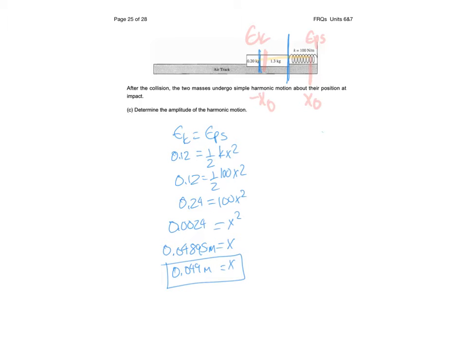So that's how we get the amplitude in that case. The biggest part is connecting the kinematics of this to the energy. Part D asks us to determine the period of the harmonic motion, and this is a horizontal spring, so the period of a spring is given by 2 pi square root of m over k.